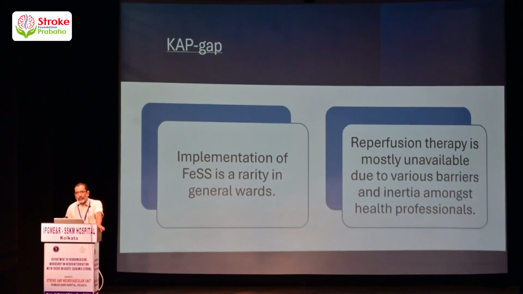If you can address them properly in acute stroke, you can achieve a good outcome. Though we teach this in classes, in the actual scenario this is a rarity, at least in the government sector all over the country.